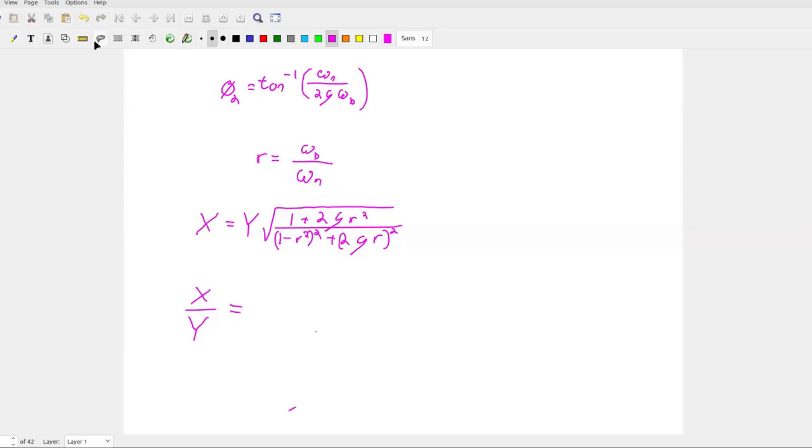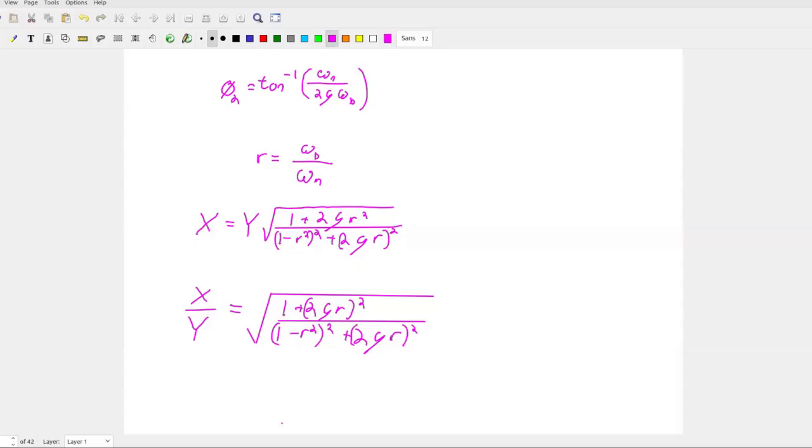X over Y is the square root of what we had before: 1 plus (2 zeta r) that whole term squared, over (1 minus r squared) plus (2 zeta r) that whole term squared.